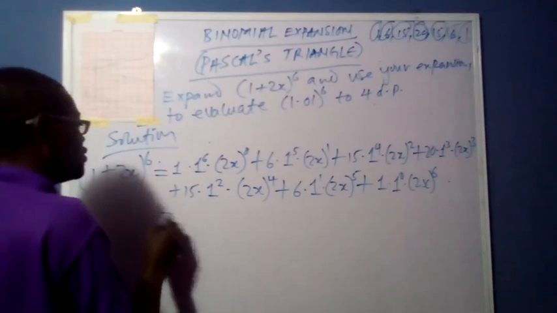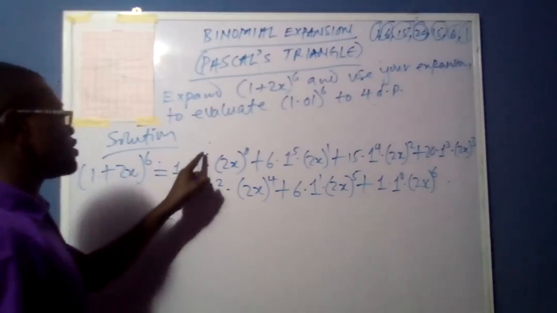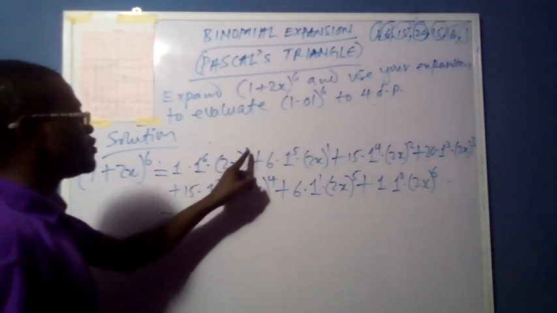So we have 1 multiplied by 1 raised to power 6, which is still 1, multiplied by 2x raised to power 0, which is still 1.